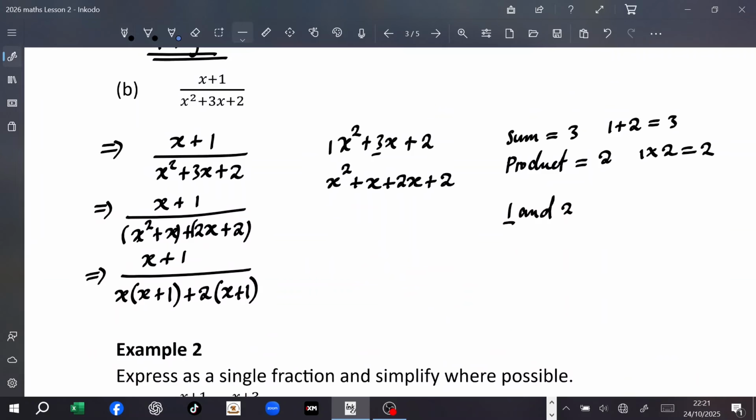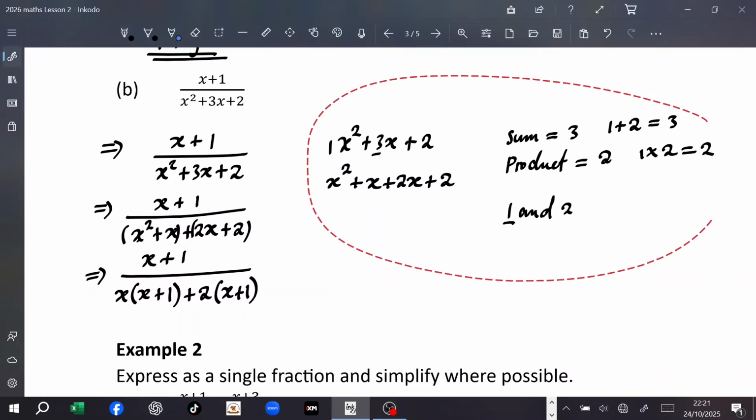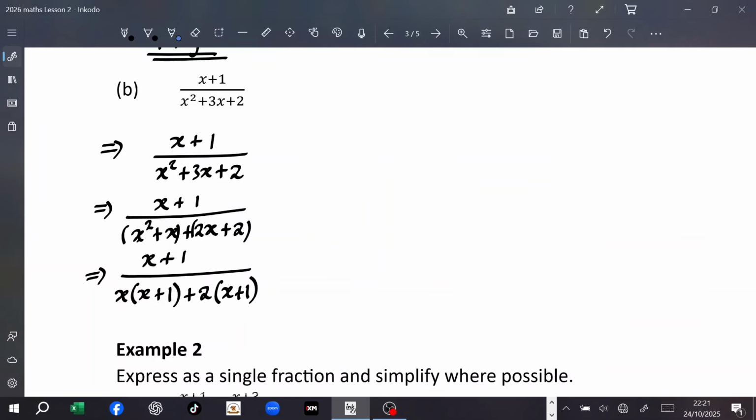Okay, so let me clear this part so that we can make use of it. So now, this implies that we can factor out what is common. You see this one and this one are common. So say x plus 1 over x plus 1, then open brackets will remain with this x plus 2, close.